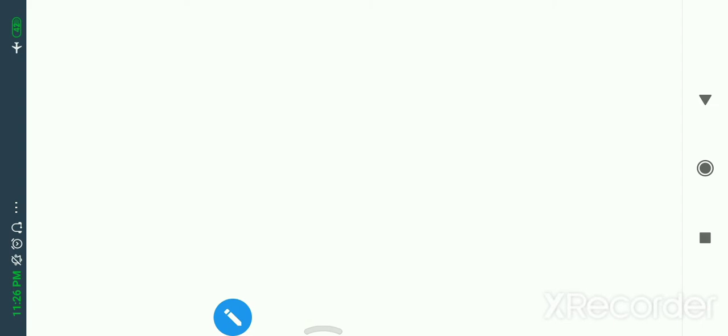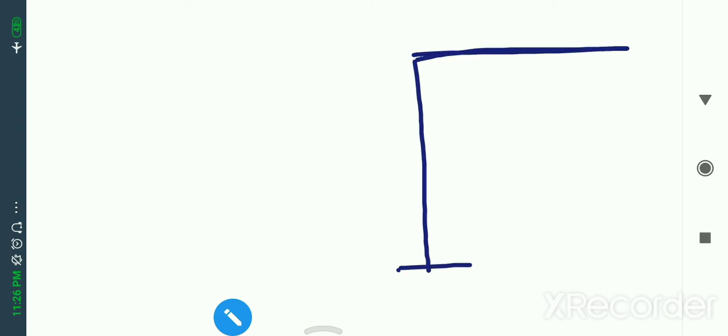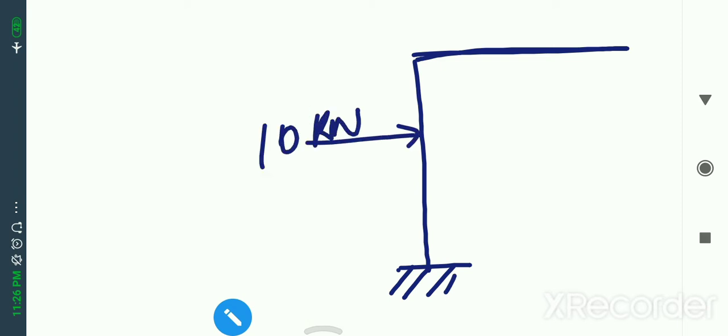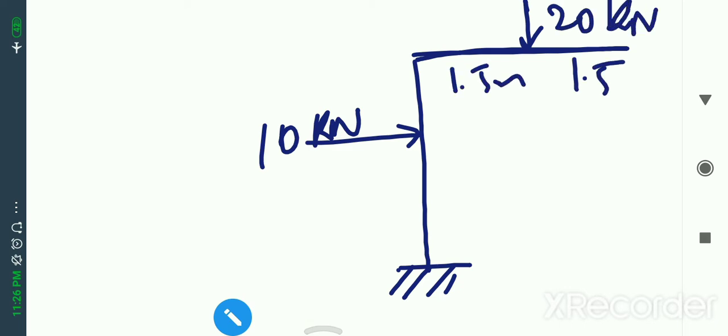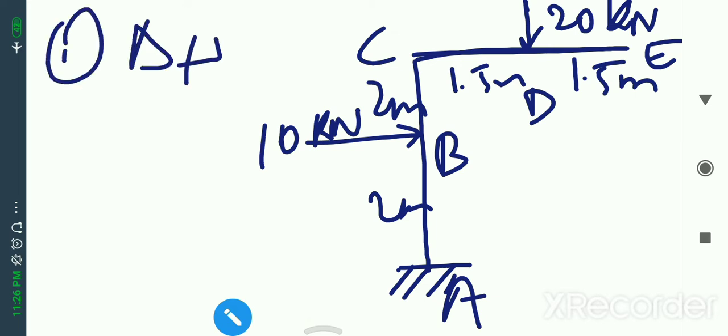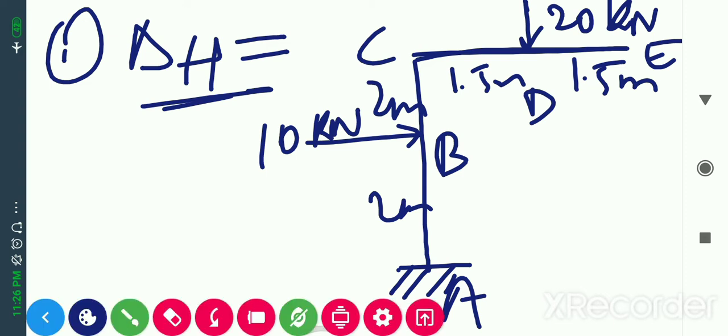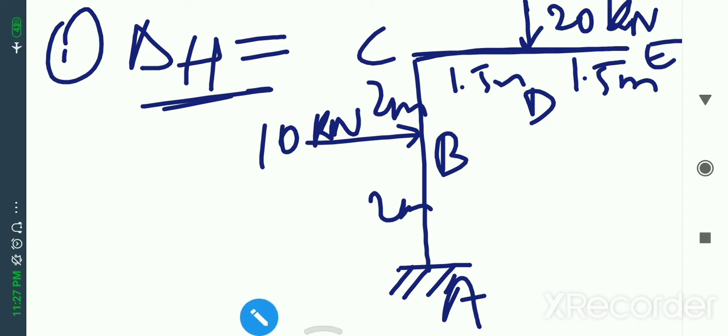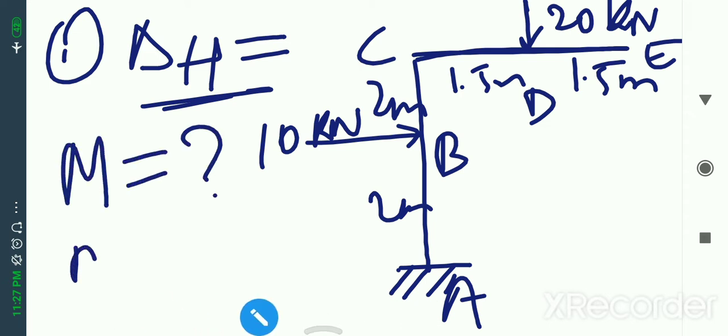So we are given a frame. This was the frame. This was 10 kilonewton, this was 20 kilonewton, 1.5 meters, 1.5 meters, this is 2 meters, and this is 2 meters. This was point A, B, C, D, and this was point E. In the first case we will analyze the value of horizontal deflection. As we can recall from the earlier concepts, we used to determine two kinds of moments, capital M and a small m.